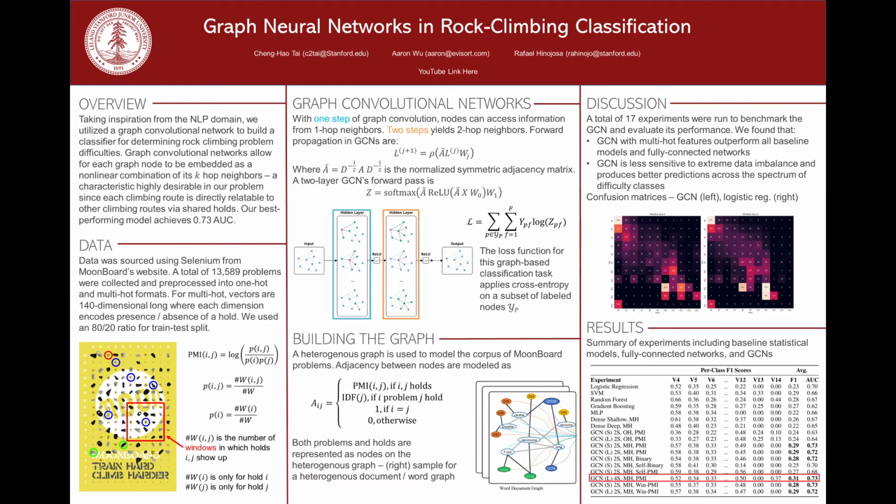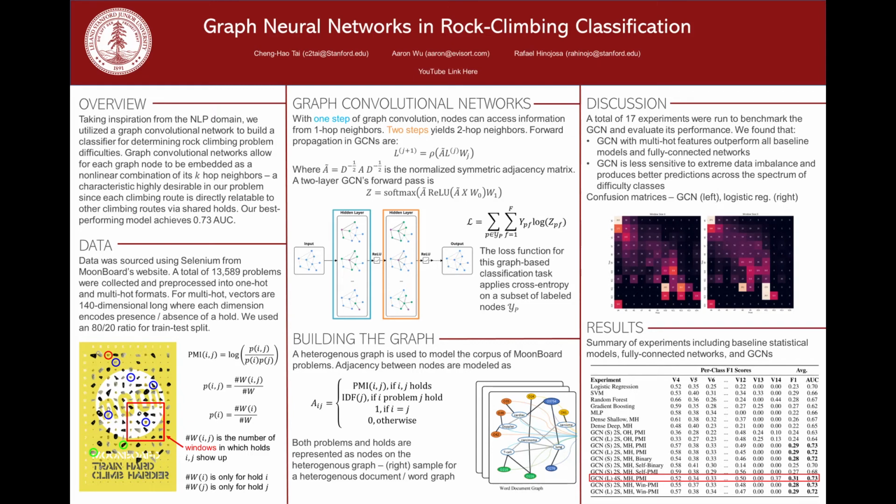Now, we ran a total of 17 different experiments. In these 17 experiments, we aimed to benchmark the graph convolutional network against baseline statistical models, as well as other neural network implementations like the fully connected network, and so on. All in all, we found that graph convolutional networks performed the best, actually by far.